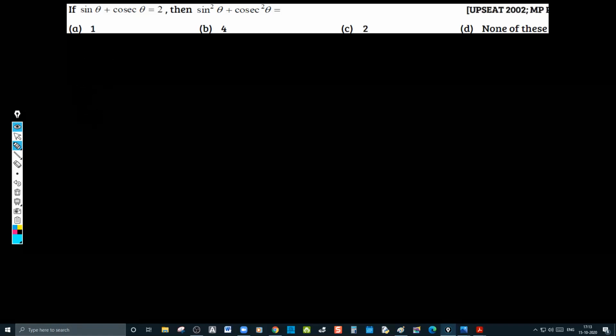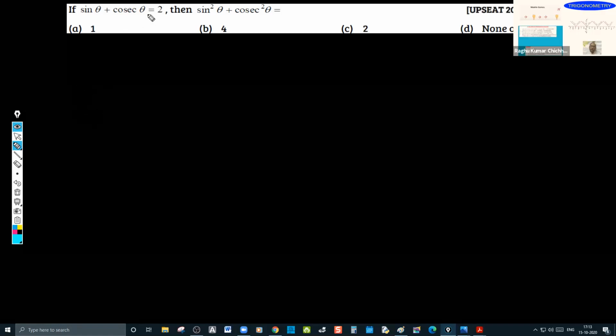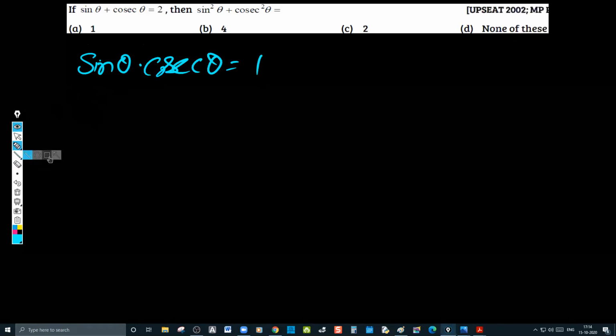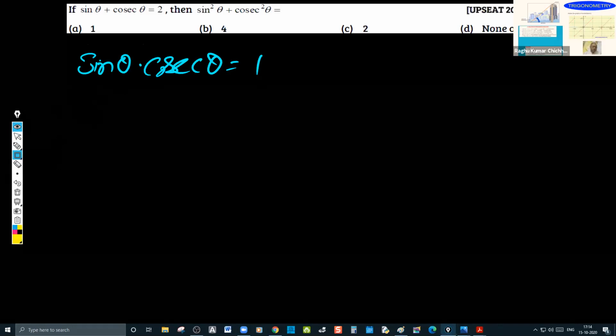Yeah, that's it. So the question setter, that means the one who forms the question, what is his base to form this question? Just now I discussed that sine theta into cosecant theta is 1, as you know, because each is the reciprocal of the other.